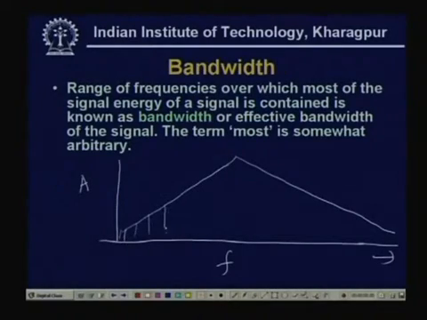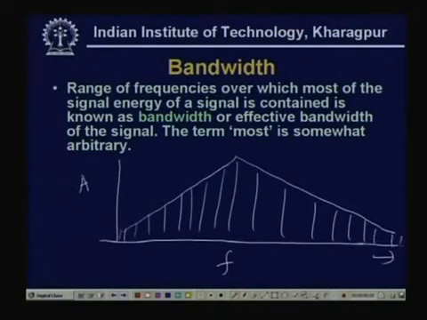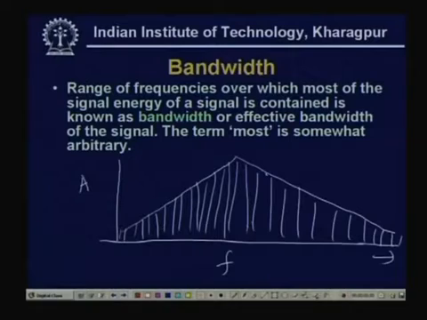It has infinite frequencies in this range. Obviously, the spectrum of the signal spreads from the lowest to the highest frequencies.